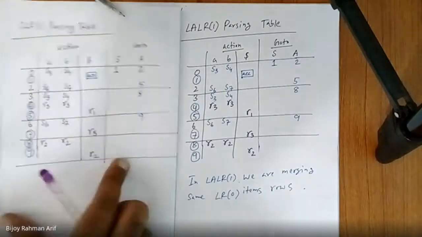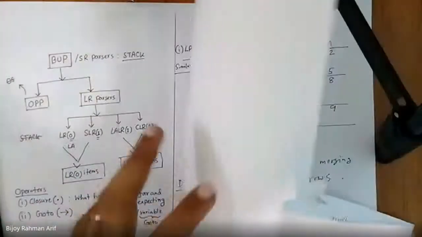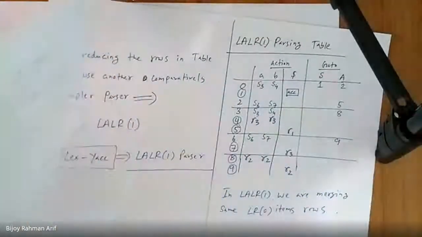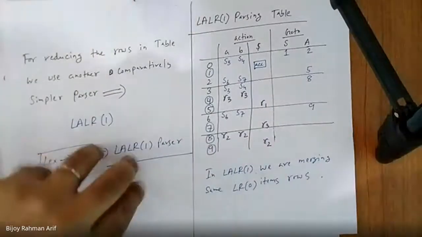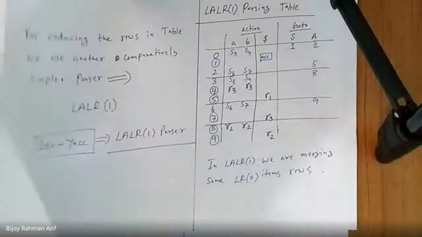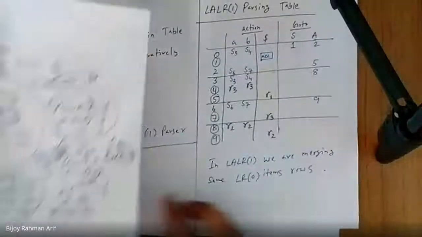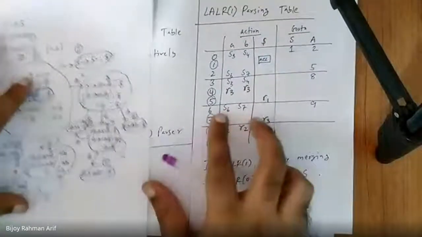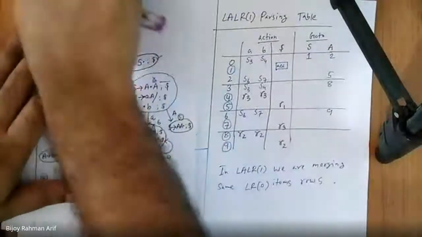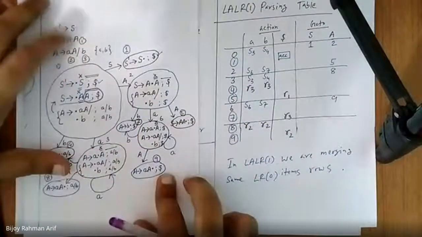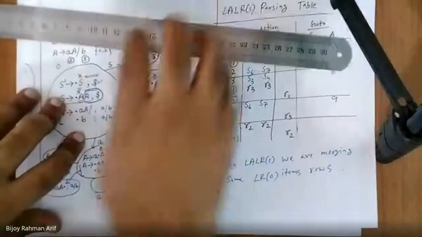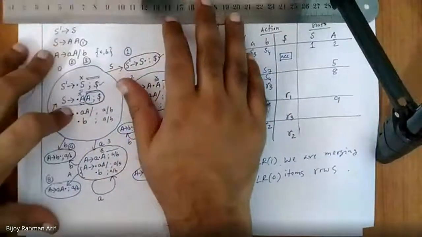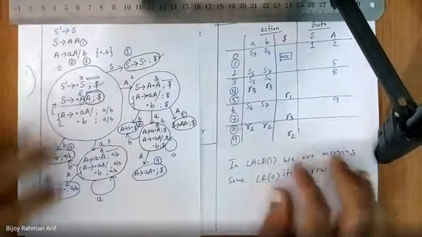So let's go back to the diagram. Which of these have the same LR0 item in this diagram? You know the answer.